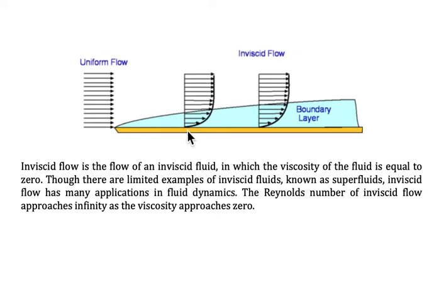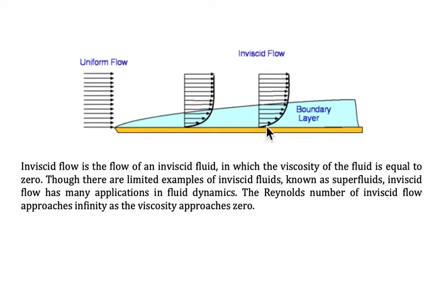However, because this fluid has its own fluidity, the molecules at this stage and so on and so forth will increase their speed gradually like this, until at a certain point the velocity will come back to normal, which is the velocity at this region will be the same as the velocity of the uniform flow here.